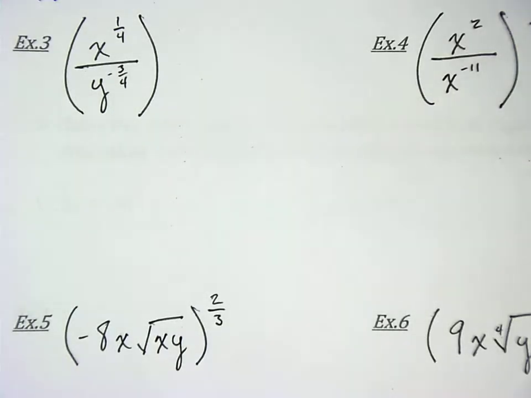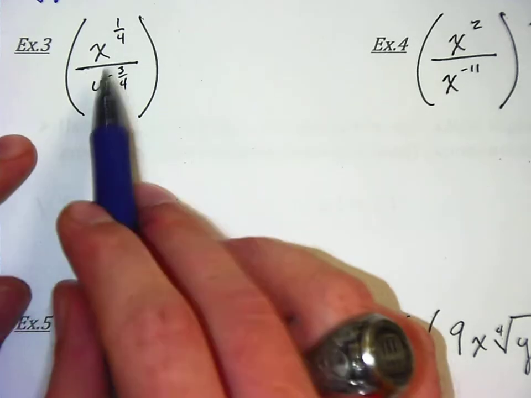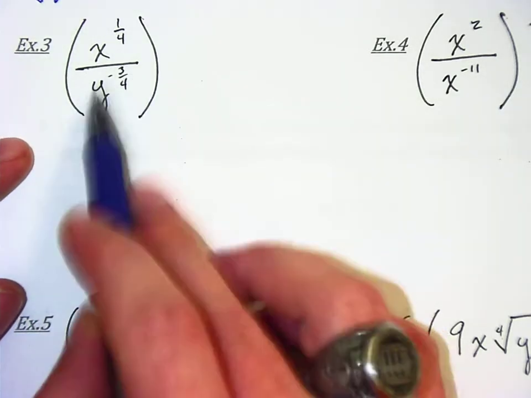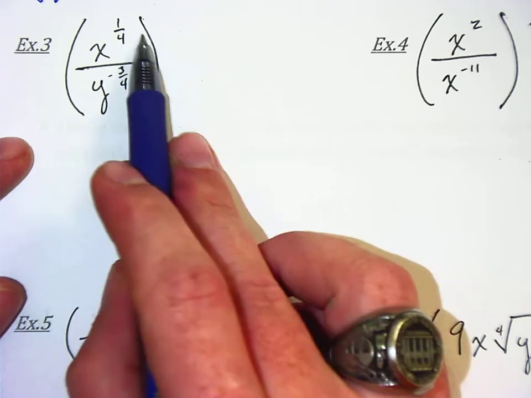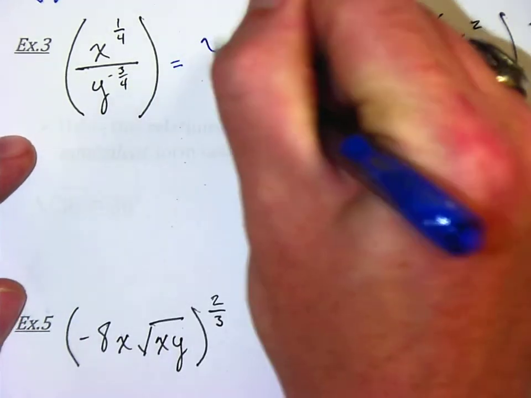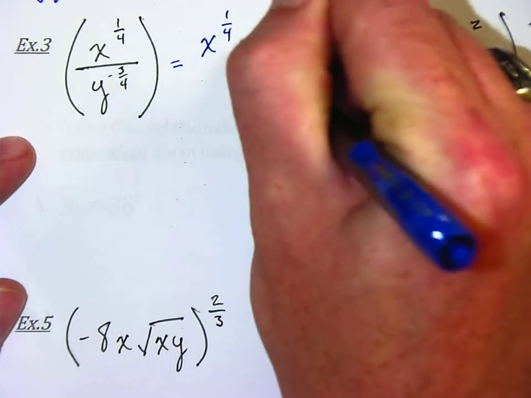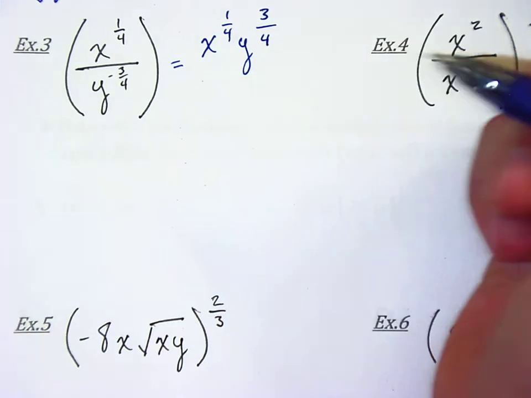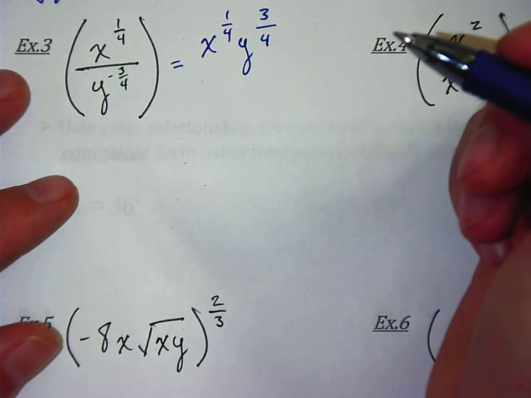All right. The first thing I want to do here is get rid of my negative exponent by bringing it up here. So you're going to have x to the 1/4, y to the 3/4, and that's over 1, so we're just going to leave it like so.